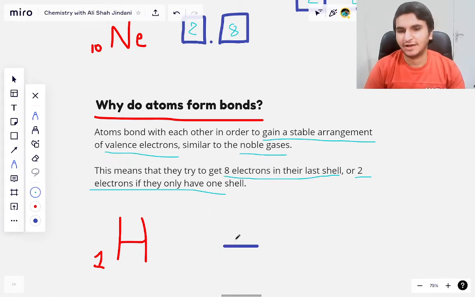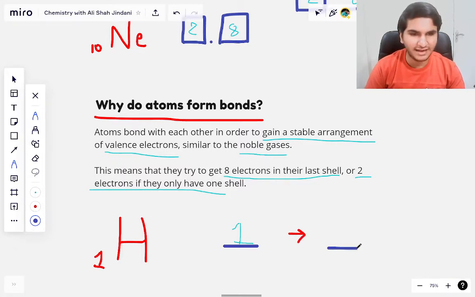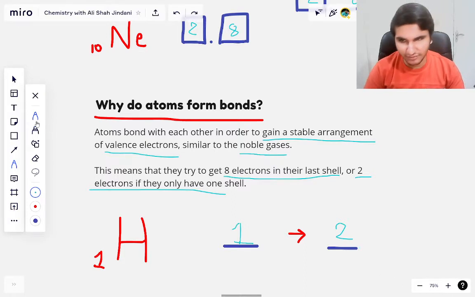So hydrogen has one, and basically its electronic configuration is 1, right? If you want to make this hydrogen stable, what will you have to do? You will have to somehow make this a 2, because we want 2 in the outermost shell.